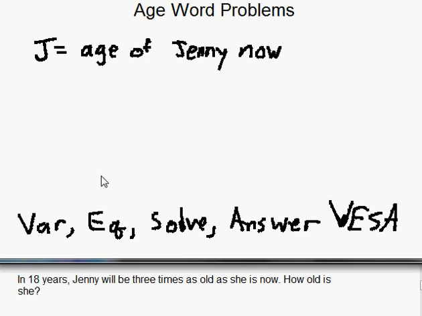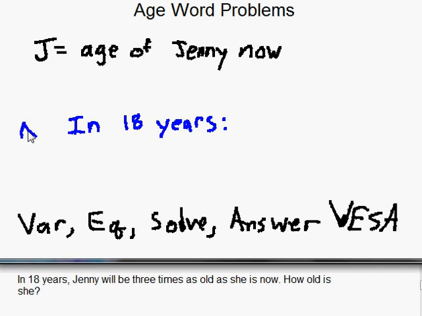So it says, in 18 years, Jenny will be 3 times as old as she is now. Now we're on the equations part. How can we write that information as an equation? In 18 years, how old will she be?